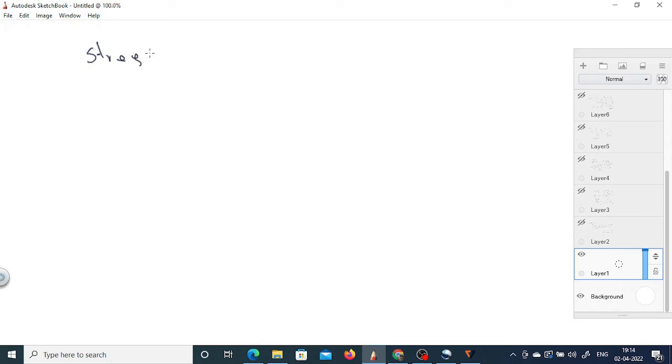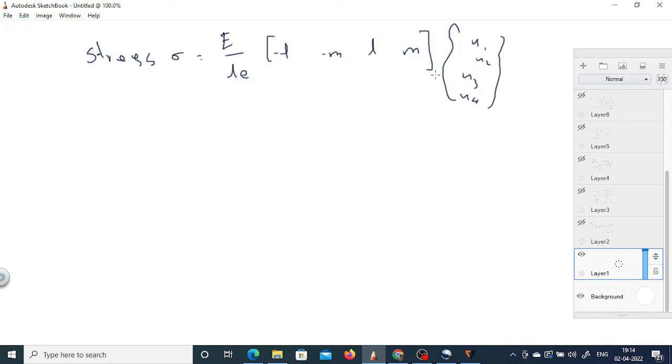Stress can be identified, sigma is equal to E divided by LE into minus L minus M L M into U1, U2, U3, U4, which is the formula for identifying the stress.